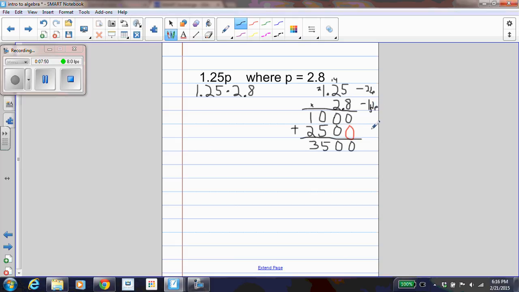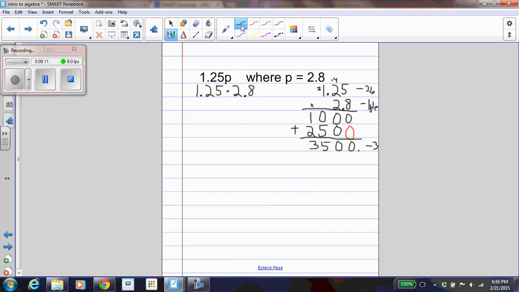It's a little sloppy there, but it should have 3 here. So I know that my decimal starts here, and I have to move it 3 places to the left. 1, 2, 3. See where it goes.